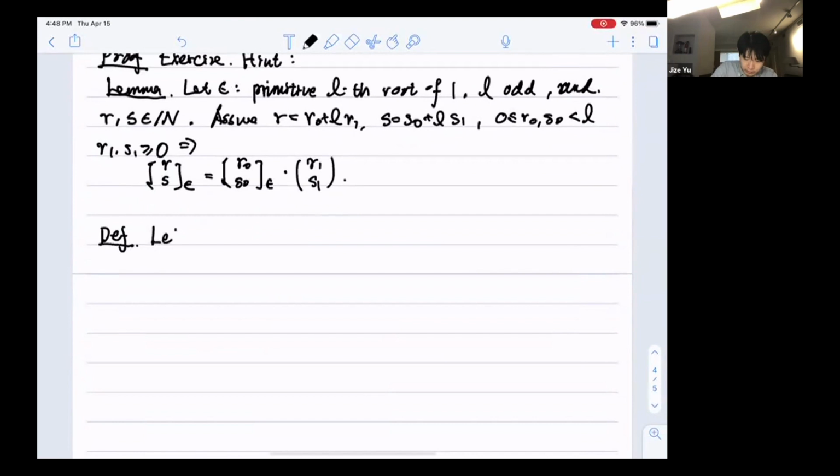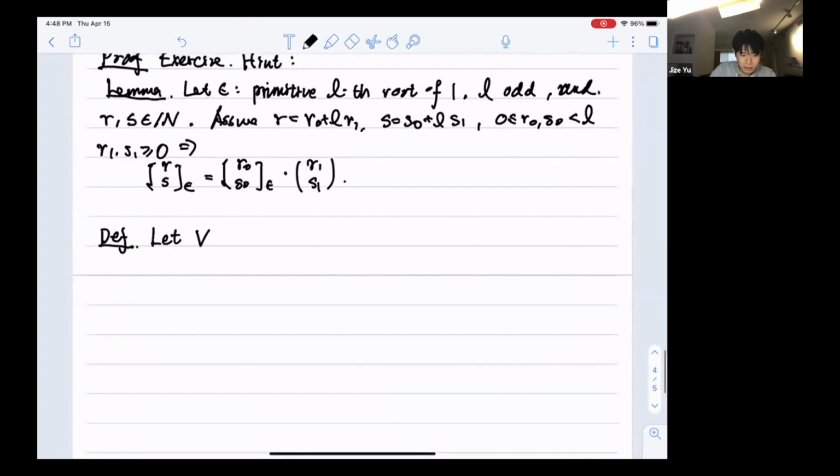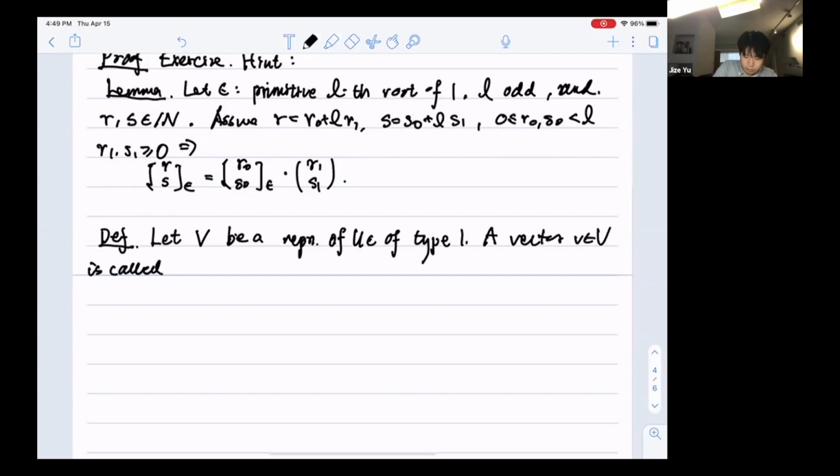So we give the definition of a highest weight module. Let V again be a representation of U_ε of type 1. A vector v inside V is called primitive if E_i acts on it, and the divided power E_i^(l) acts on this v, equals 0 for any i.